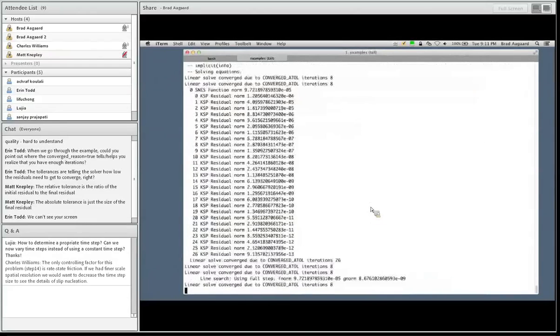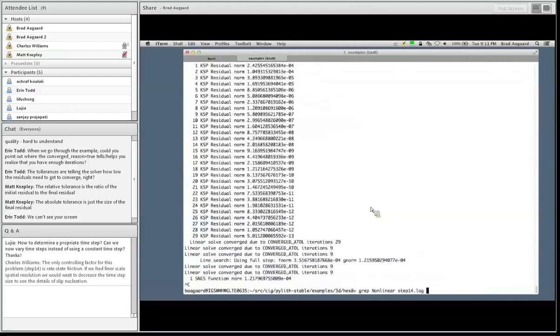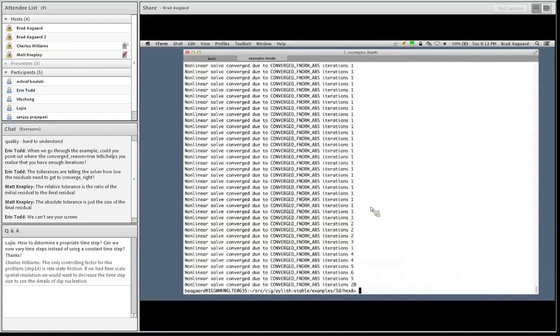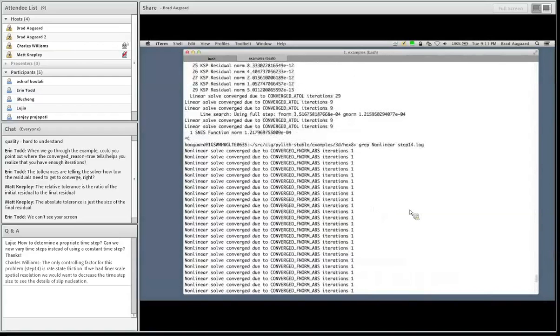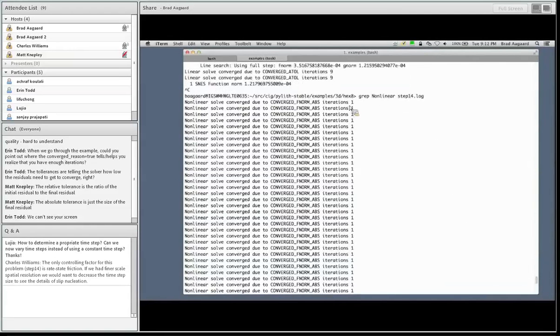Looks like we're trucking right along. So now we're getting stick behavior, we're getting the fault locked. I can see that because we didn't need any nonlinear iterations.